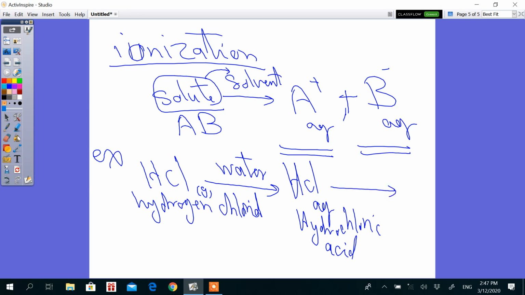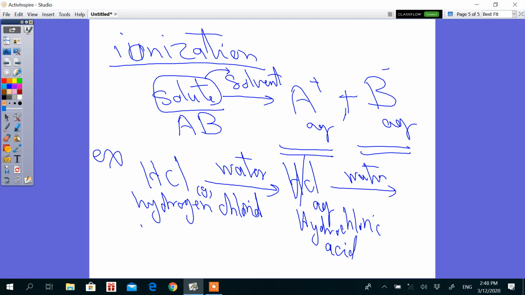And when you get that concentrated hydrochloric acid and dissolve it in water also, it will dissociate. It will ionize. How can it ionize? It will produce H positive and Cl negative.